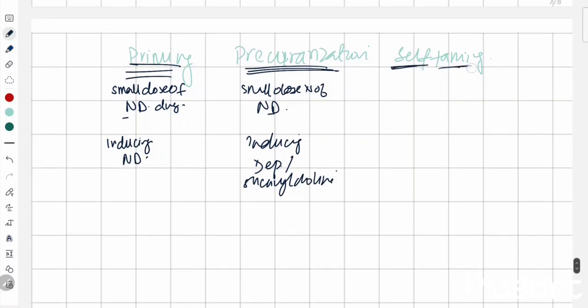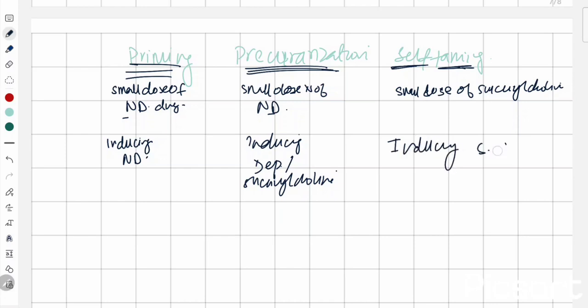And self-taming is basically a kind of priming, but what you do is give a small dose of succinylcholine, and then the inducing drug is also succinylcholine. So I hope you get what pre-curarization is.